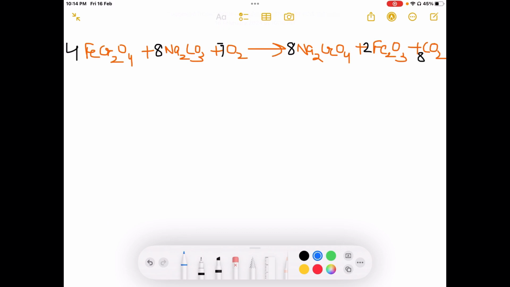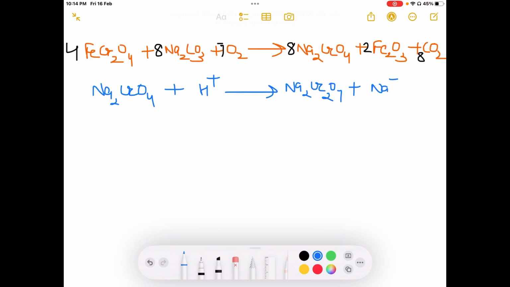This chromate compound, Na2CrO4, on acidification by treating it with sulfuric acid, changes to sodium dichromate, sodium ions and water.